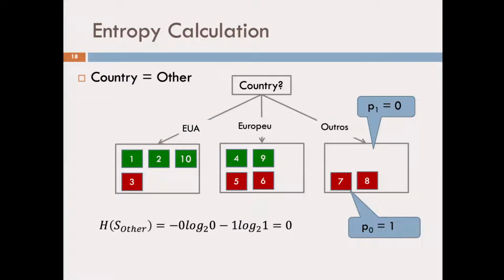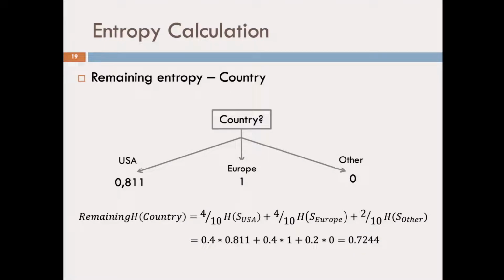This total number of instances is all the instances that belong to the initial set. So it will be 4 divided by 10, 4 divided by 10, 2 divided by 10, multiplied by the corresponding entropy here.